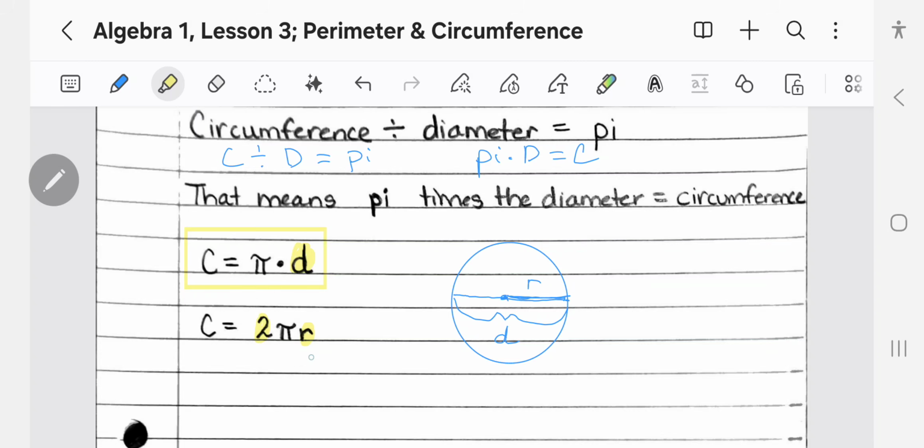Well, that's because this r is a variable, but pi is an actual number. Remember, it's 3.14159, and it keeps going. 2 is a number, and this r is a variable. And typically we're going to write our numbers before our variables, so that's why they split it and put 2 pi r. So now using those formulas, it can make finding the circumference a lot easier.